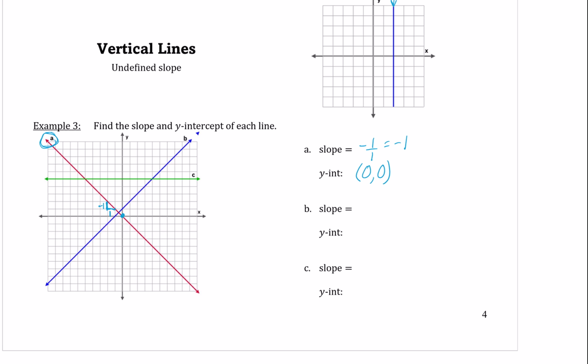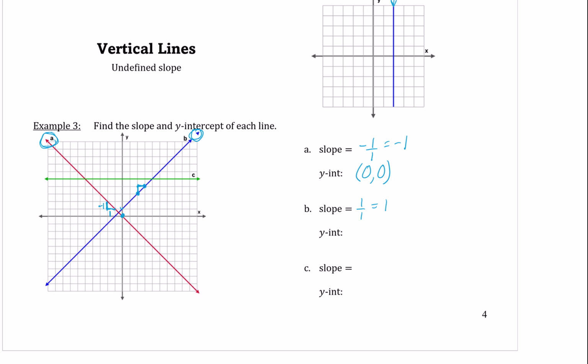My slope of B is this blue line. And again, you want to try to get where it's right at the corners. So it goes up 1 over 1. So it's a positive slope, or we can reduce that to 1.